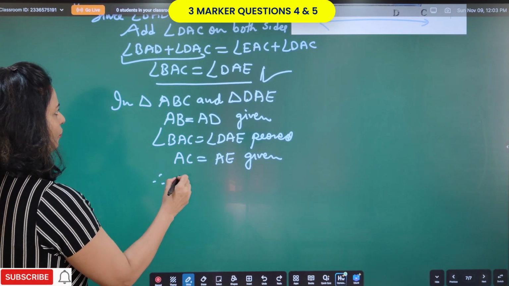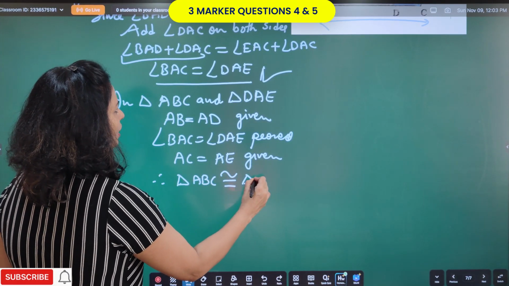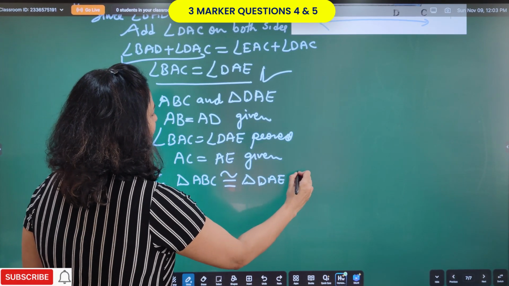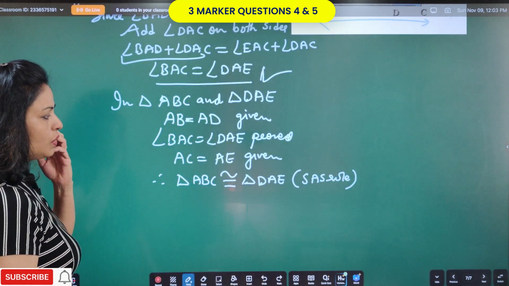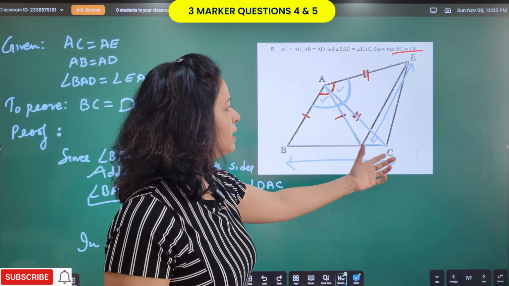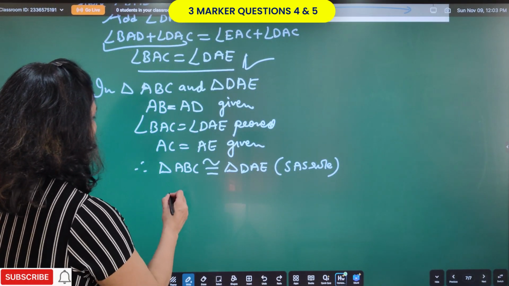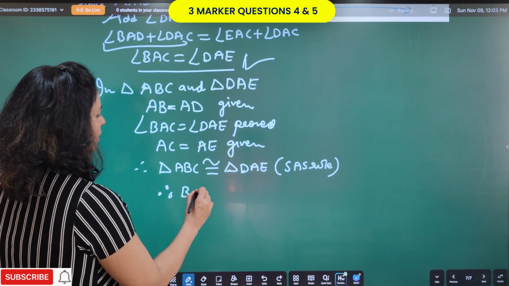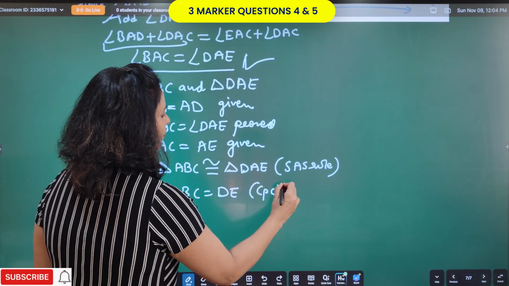So I can say, therefore triangle ABC is congruent to triangle DAE by SAS rule. This way we can prove the congruency between the two triangles. Then we can easily say, therefore BC is equal to DE by CPCT.